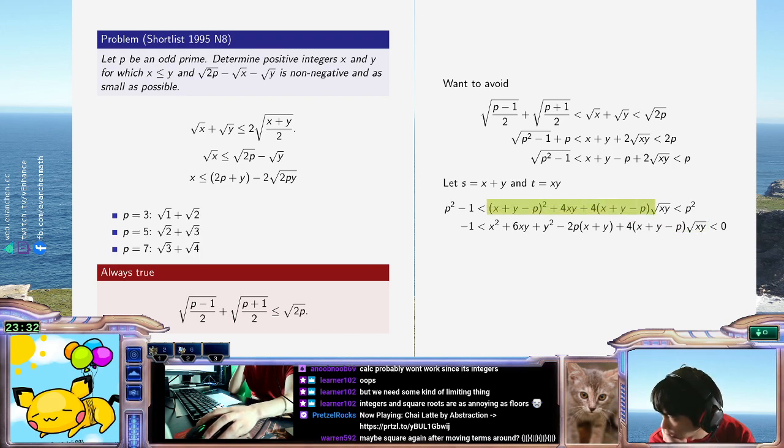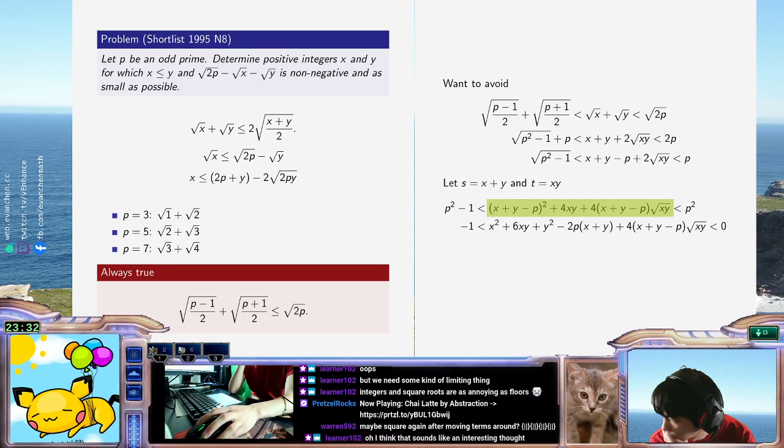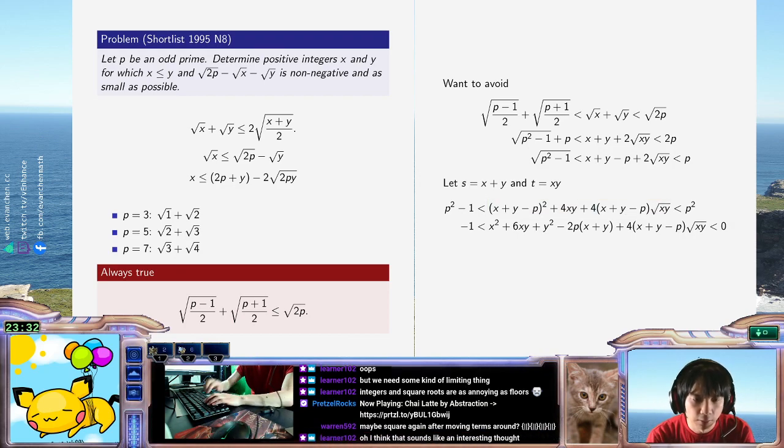If I just look at this, okay, let me write this. If x plus y is strictly less than p, does something go wrong?